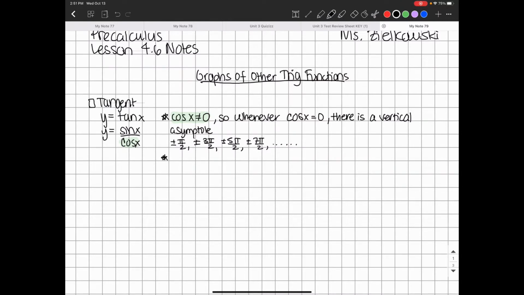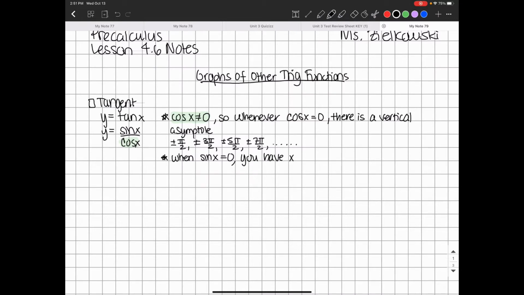The other thing that's going to help me graph this is thinking about how I would get x-intercepts. That's when the numerator would be equal to 0, which is when sine of x is equal to 0.